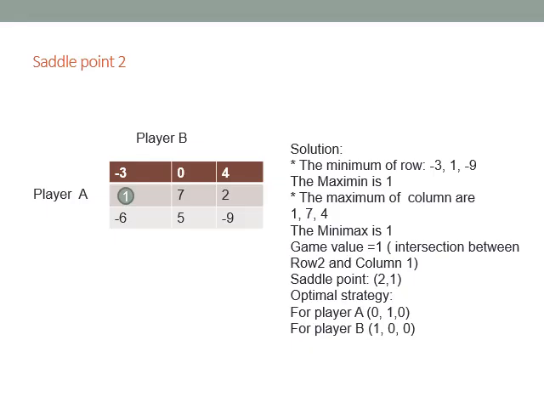The saddle point is (2, 1), where 2 stands for the row, and 1 stands for column. Now, the determination of the saddle point depends on the game value.